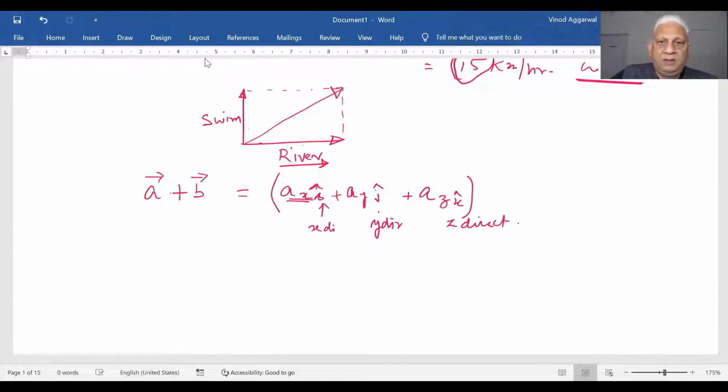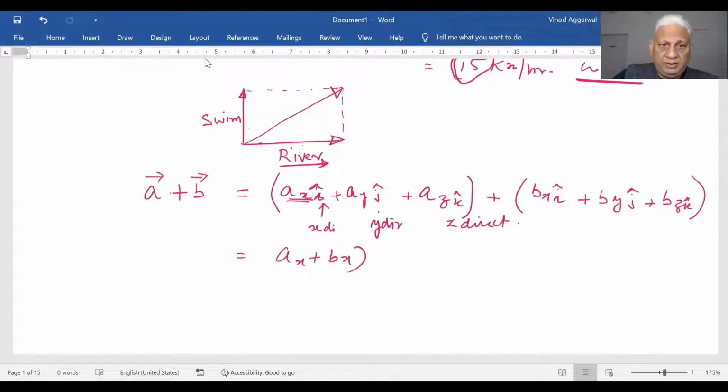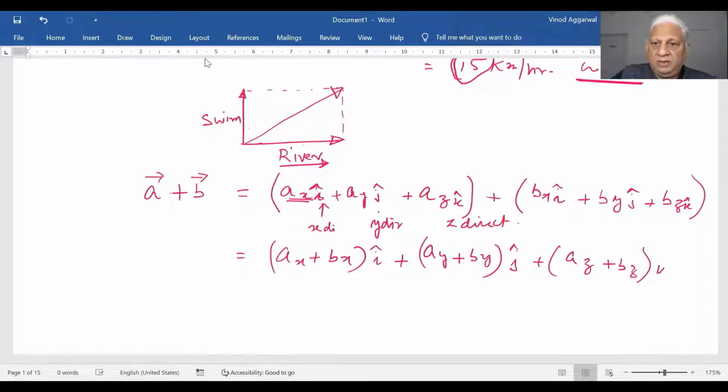And when we add, similarly, the components of b, bx i plus by j plus bz k, the addition will be done component wise, so it will be ax plus bx in i direction, plus ay plus by in j direction, plus az plus bz in k direction.